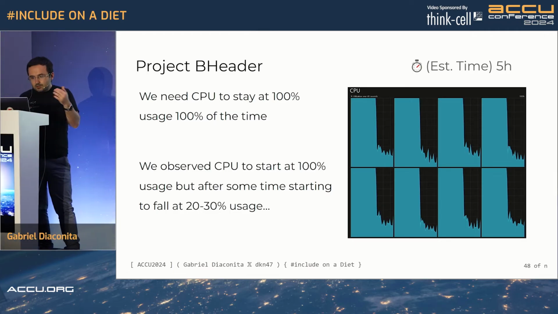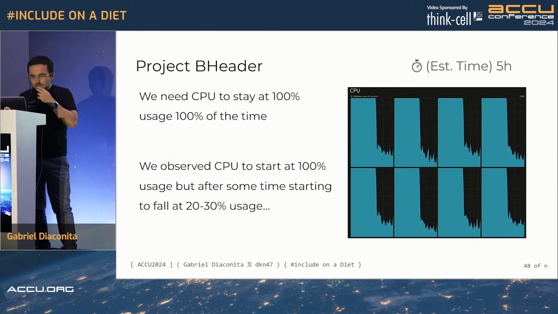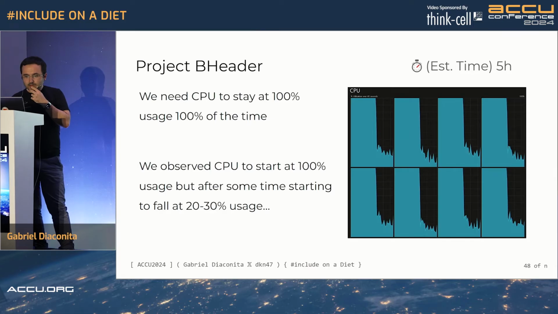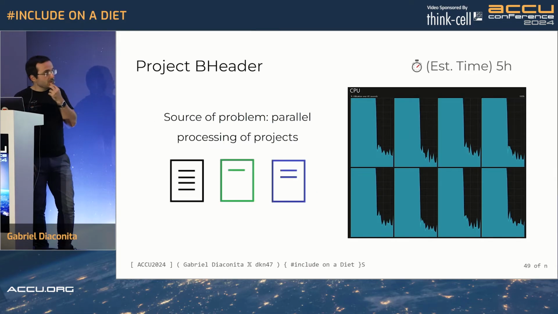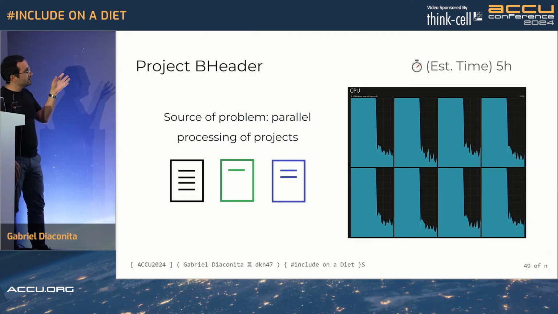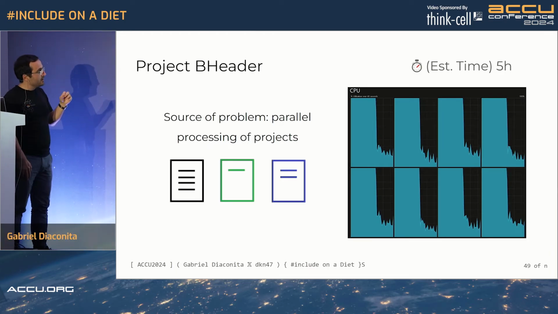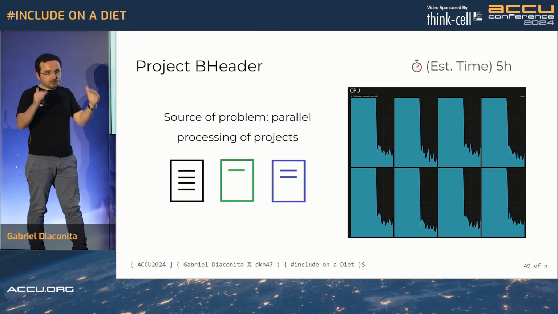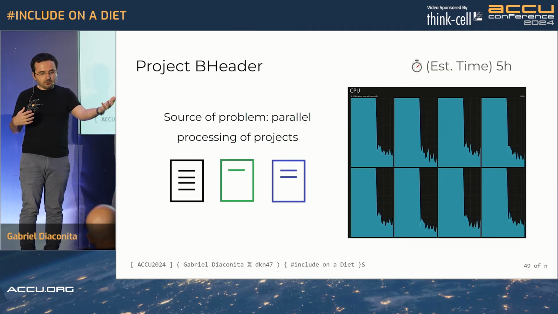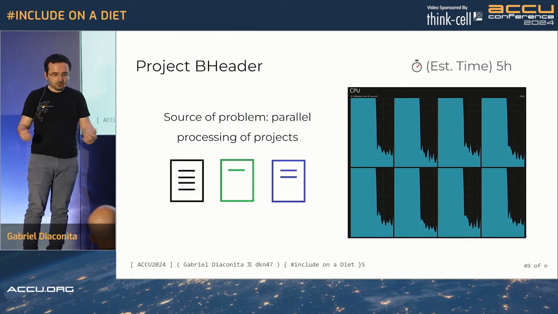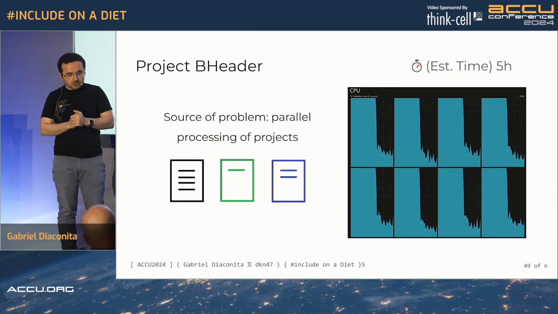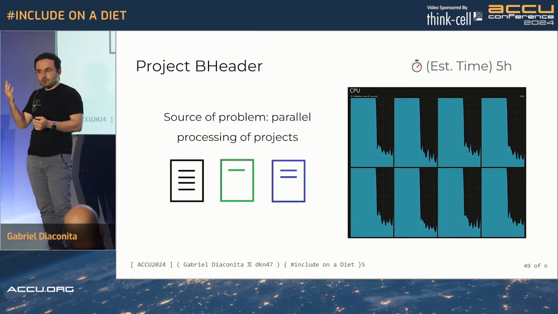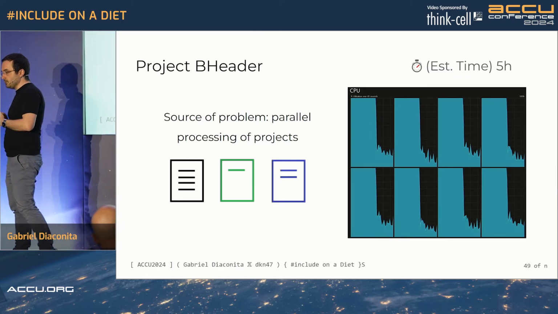So we started poking in and inspecting the processes and looking into what was happening, and we saw that the issue was coming from the parallel processing of the projects. So we had multiple projects and we processed them in parallel. We took this project and this project, each one was processed in parallel. The issue was that some projects have fewer files and some have multiple files.